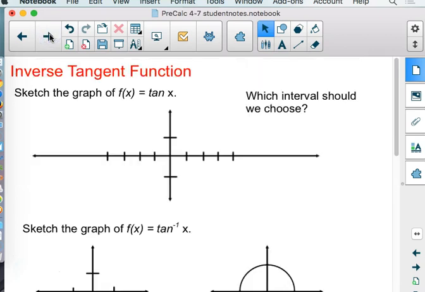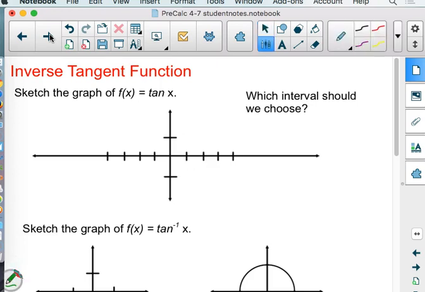Alrighty. Tangent already. Okay, so we did our sine, we did our cosine, now we're at tangent. Oh, I remember liking these when we graphed them. Okay. Where were the asymptotes for tangent? Negative pi over 2 and pi over 2. So let's space this out a little bit.